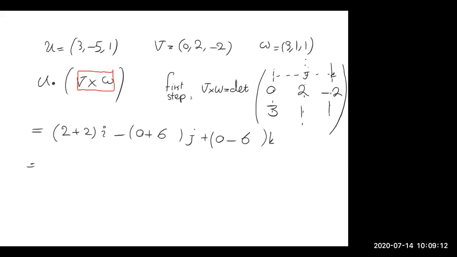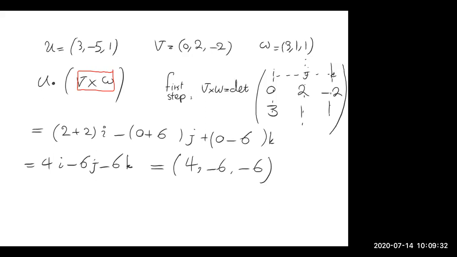So it would be equal to 4i minus 6j minus 6k. That would be the cross product of these two vectors, which in vector form is (4, -6, -6).